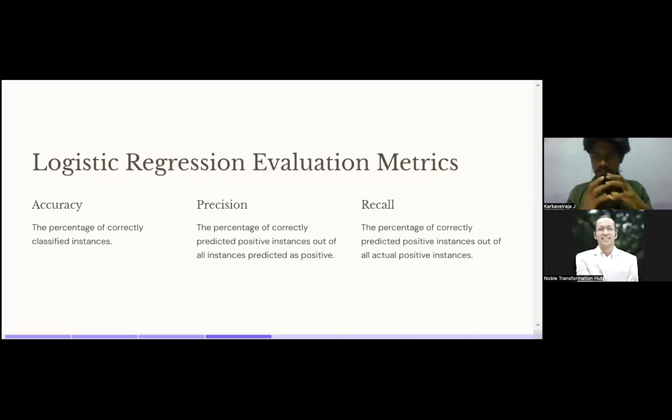For evaluating a classification model, because logistic regression is a classification model, we have different formulas or metrics: accuracy, precision, recall, and also specificity, sensitivity, and something called the F2 score. So this is the very basic thing on accuracy, precision, and recall. These are the ways we can evaluate our classification model. Yes, sir. Over to you.